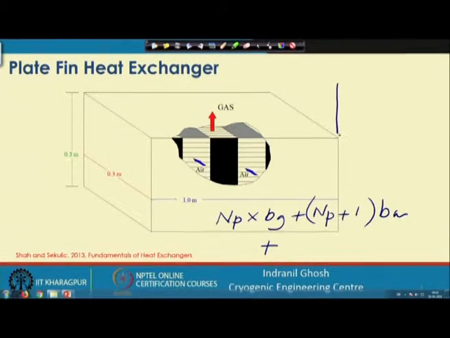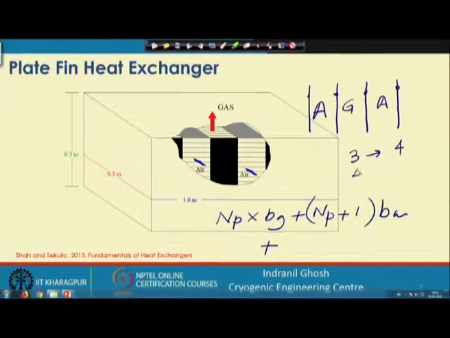If we have 2 layers of, say, gas and air, and another air, so we have 1, 2, 3 streams, then we have 4 separating plates. So for 3 streams we have 4 plates; if we have 4 streams, we have 5 plates.